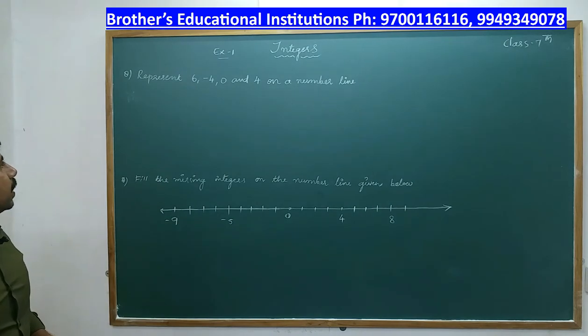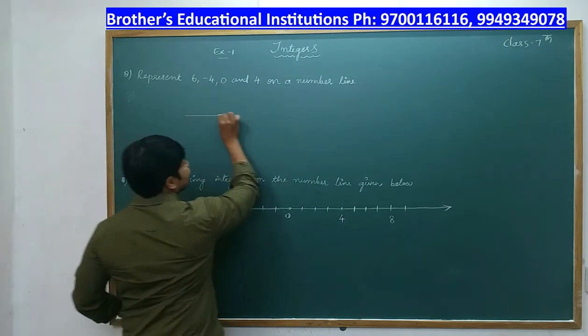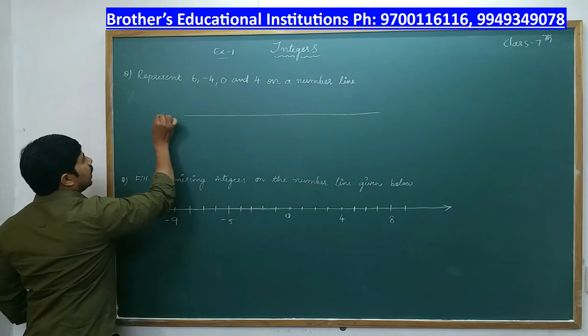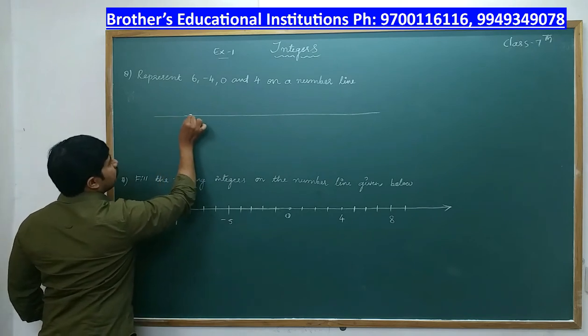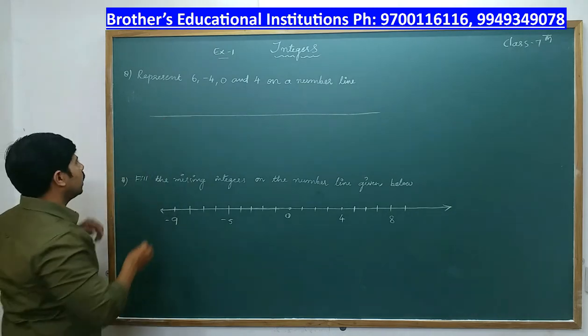Represent 6, minus 4, 0 and 4 on a number line. Okay. So now we draw one number line. On the negative side I write some numbers. You can start with any number. See that minus 4 is also included, right?